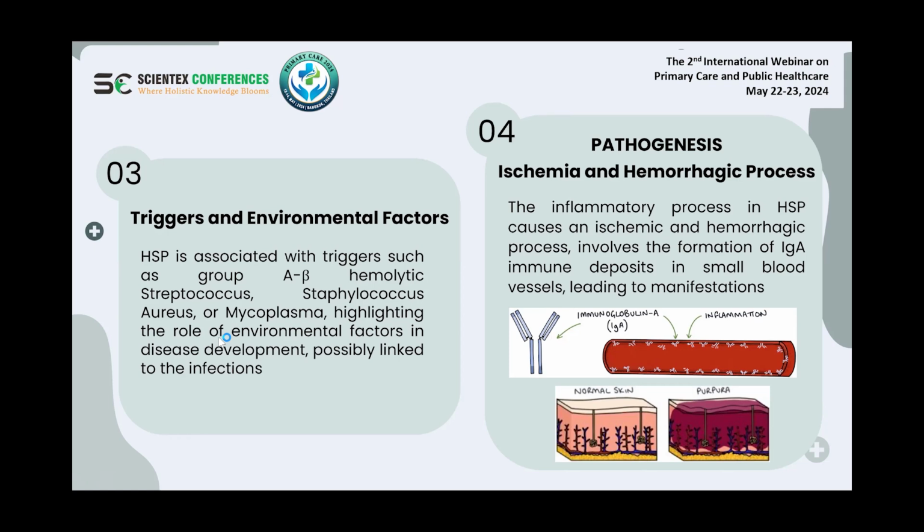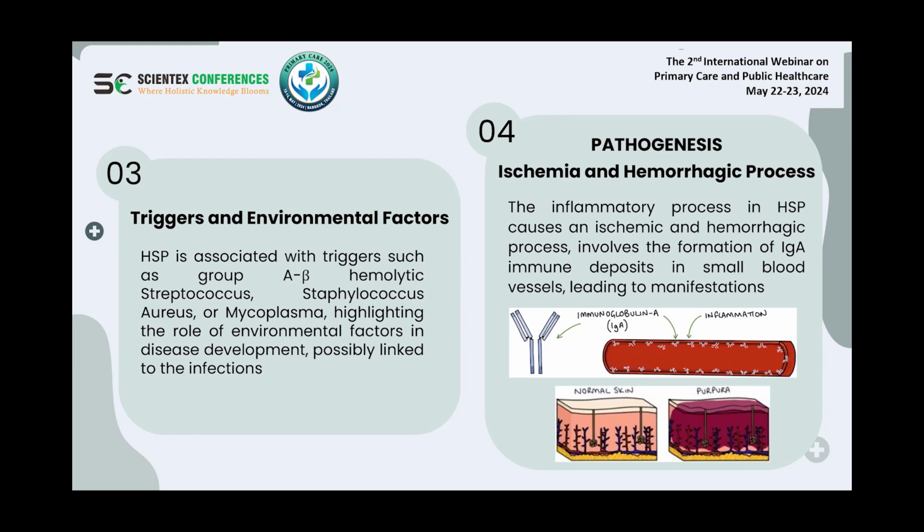Then IgA complex is created and deposited in the skin, kidney, joint, and abdomen, and it causes various manifestations. In the skin, we have a non-pruritic erythematous macular rash, which rapidly progresses to petechiae or purpura with non-thrombocytopenia, or what we can call non-blanching cutaneous hemorrhage.